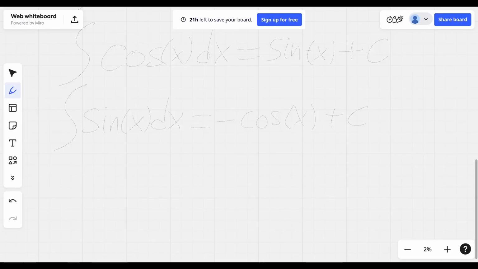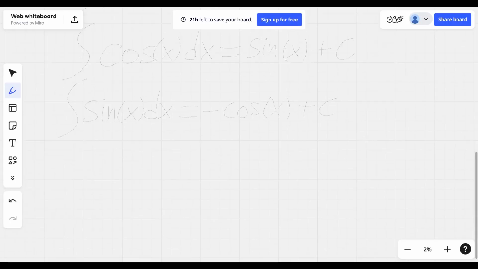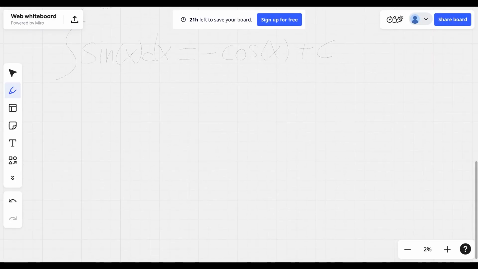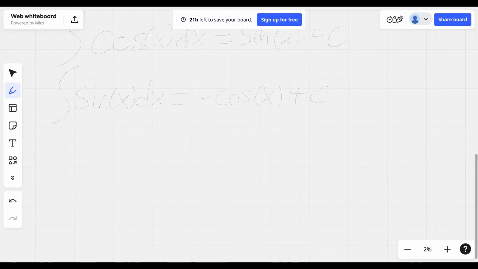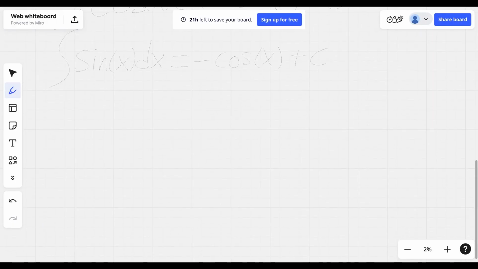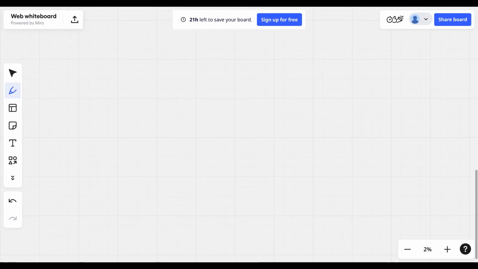So if we have cosine, then it would make sine. That's why cosine of x makes the antiderivative sine of x, and sine of x makes the antiderivative negative cosine of x. And those are some important integrals to know and keep in mind.